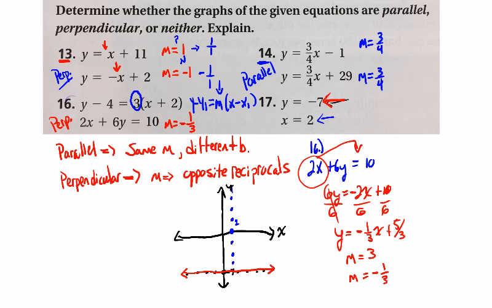So if I draw a line through this here, again, I would always tell you to do this with a straight edge, but then I look here, these two lines are intersecting to form right angles. So therefore, the equations y equals -7 and x equals 2 are perpendicular to each other.